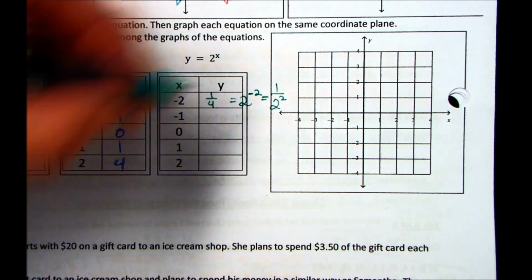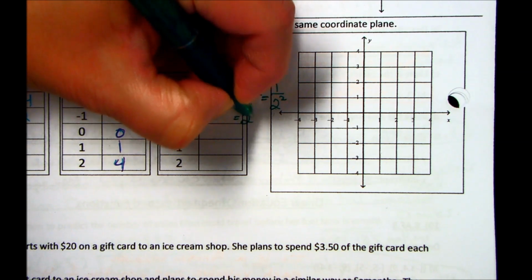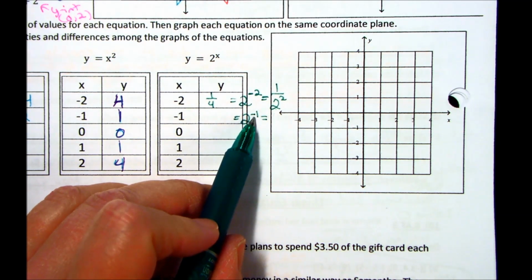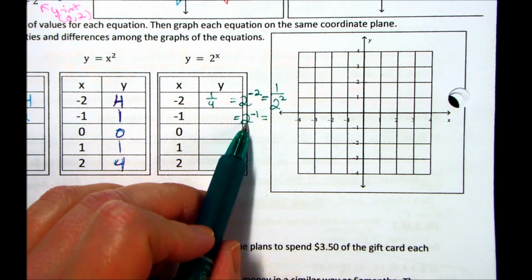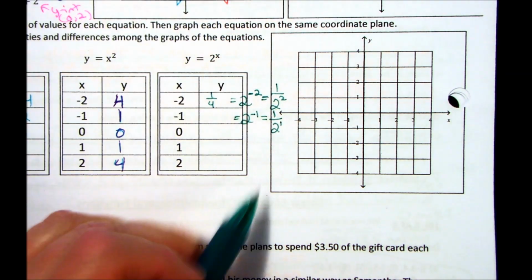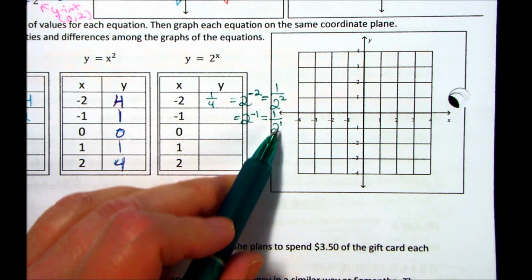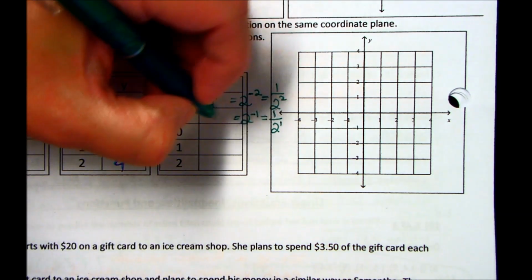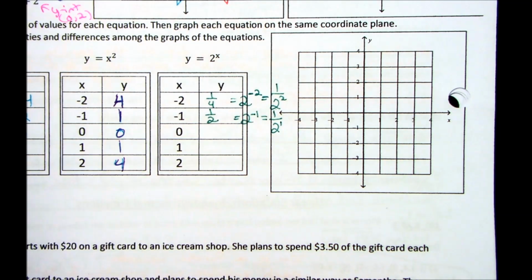If we substitute -1, so if we take 2 to the -1st power, basically we are taking the reciprocal or the inverse of the 2. So again, we would put 1 over 2 to the 1st power. That negative becomes positive, but anything to the 1st power is itself, so 1 over 2 to the 1st power is 1/2.